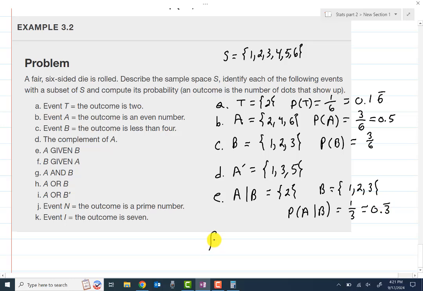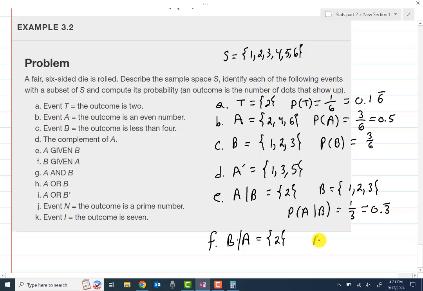And if you flip it around, B given A, this time we know that the number is even. Well, how many even numbers? So we know we've got 3 possible outcomes. Well, B contains only one of those 3 outcomes. So it also is 2.